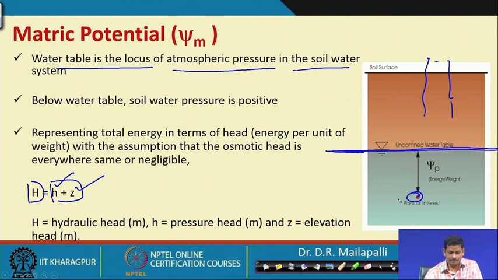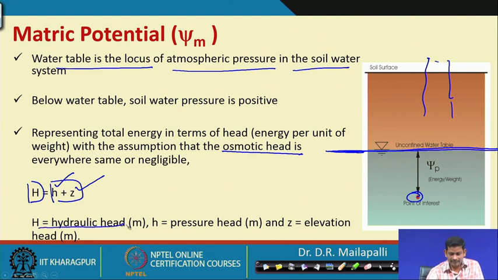So, this is the elevation, and here, as I said, we are not considering the other potential, that is called the osmotic potential, and also kinetic energy, because water moves very slowly, we are not considering that.